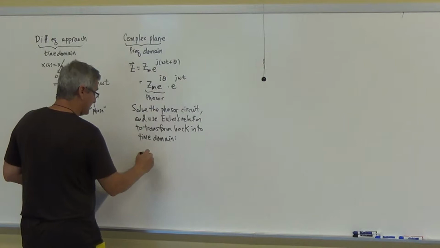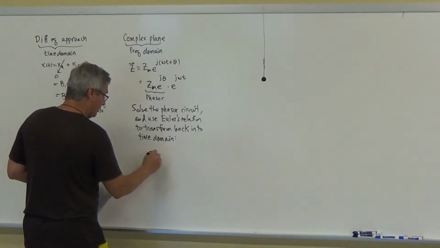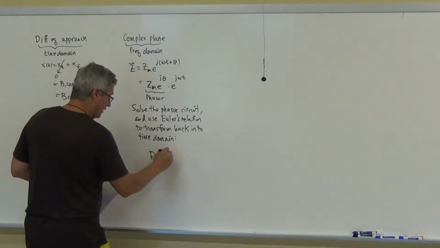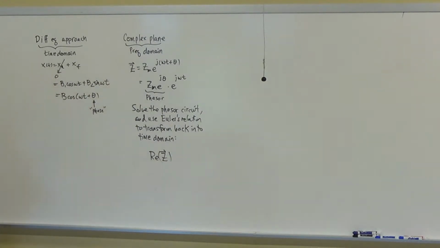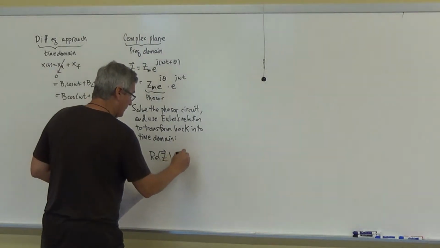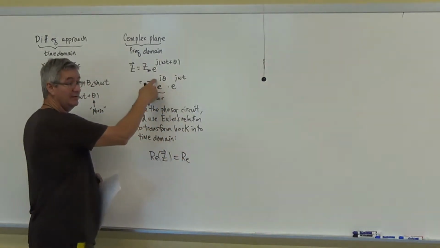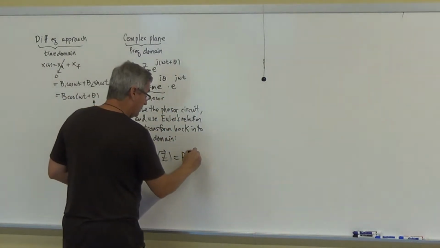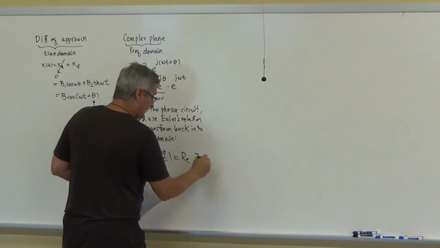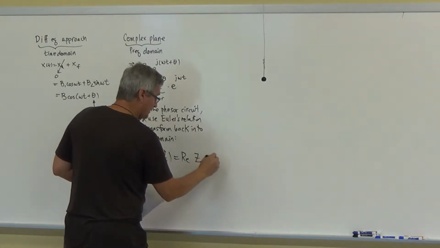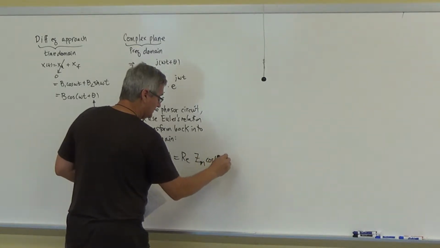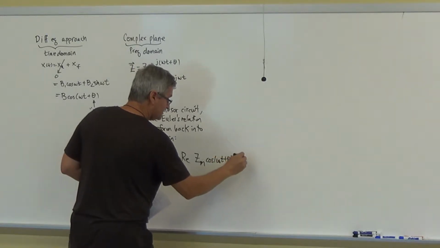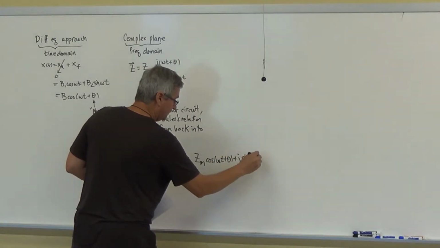Right, so if I look at this, now I'm going to take the real part of the vector like this, and remember I'm taking the real part of this right here. So it's going to be cosine omega t plus theta plus j sine omega t plus theta.